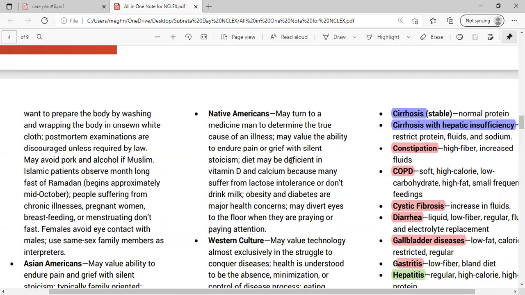Diet may be deficient in vitamin D and calcium because many suffer from lactose intolerance or do not drink milk. Obesity and diabetes are a major health concern. They may divert their eyes to the floor when they are paying attention.